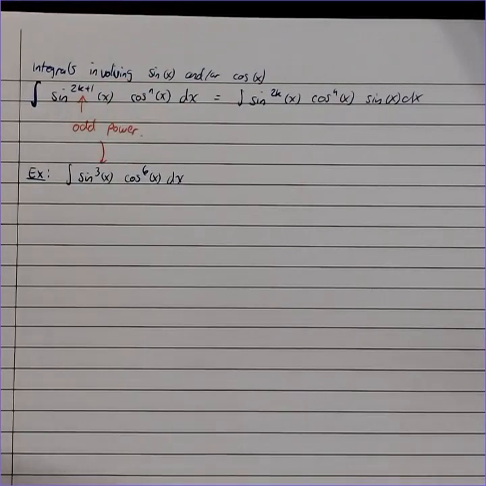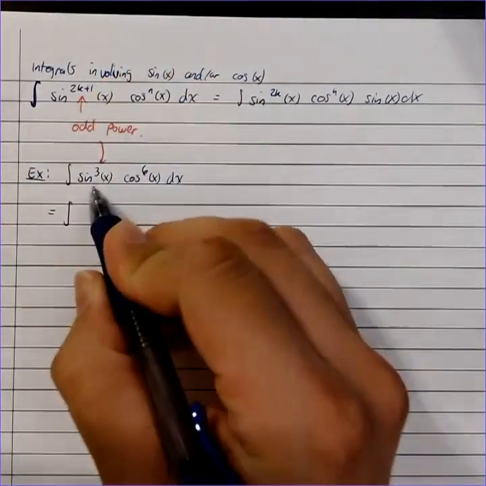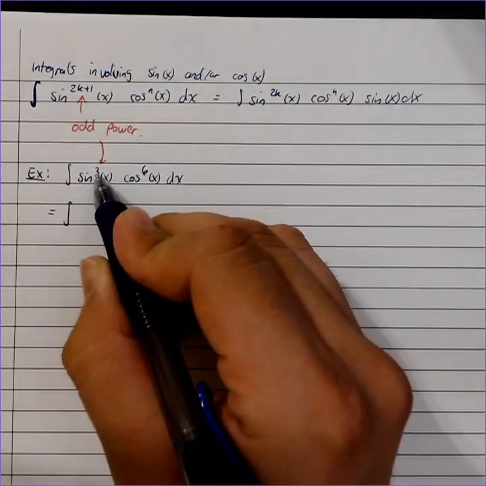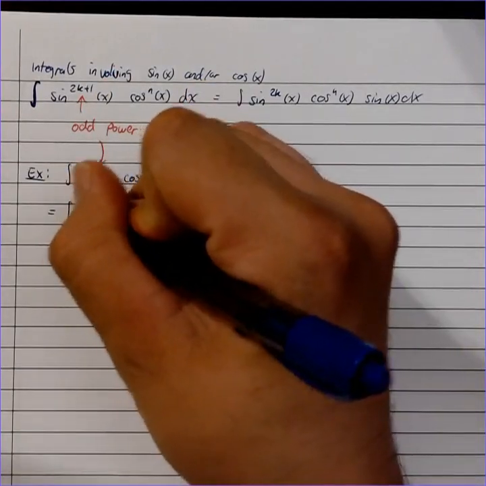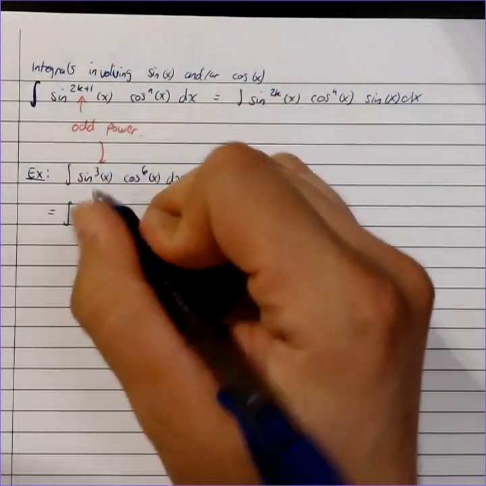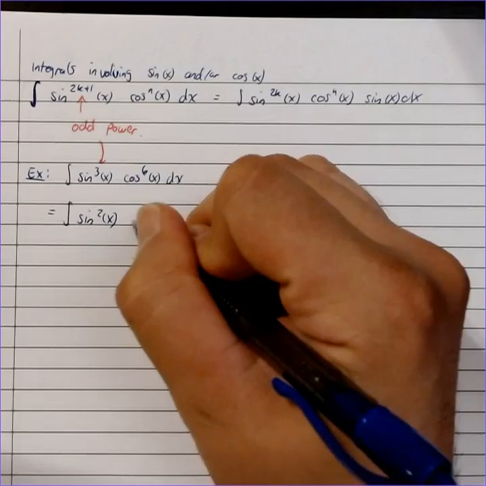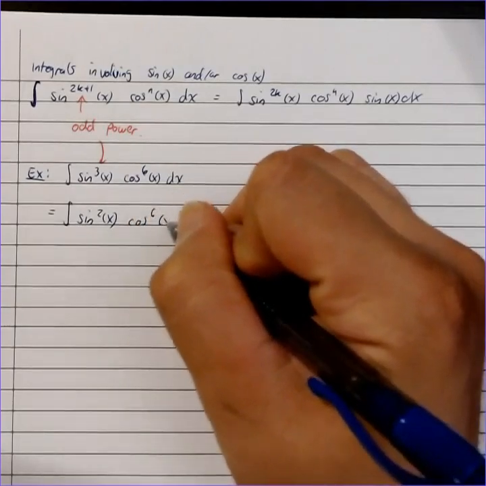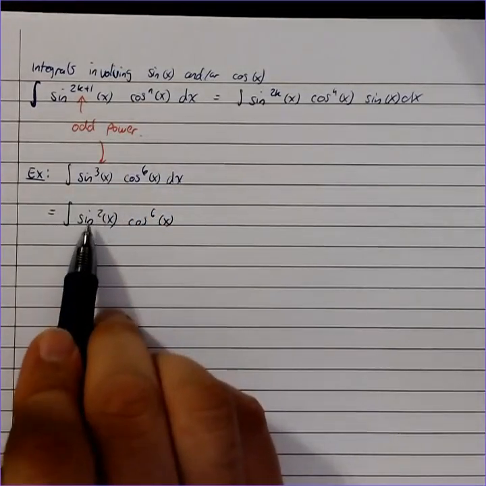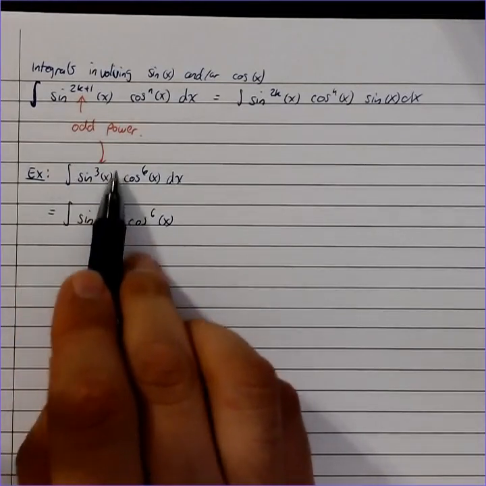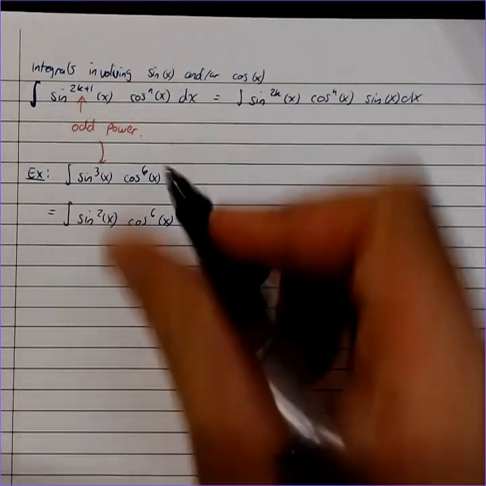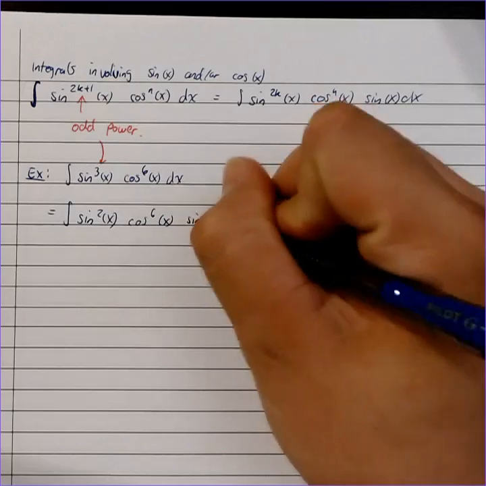When you have something like this, you're going to rewrite this as sine squared of x, cosine to the sixth of x, and now you're still missing one factor of sine of x. So write that one here at the end.